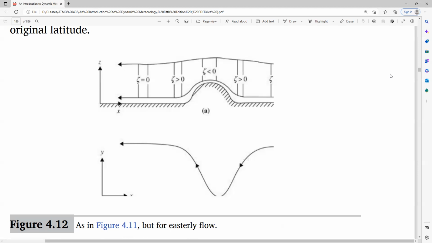Not only that, you will have cyclonic rotation, and in the meantime, the depth of the layer decreases. So that means here it will have anti-cyclonic rotation, because the depth shrinks, which slows down the rotation.